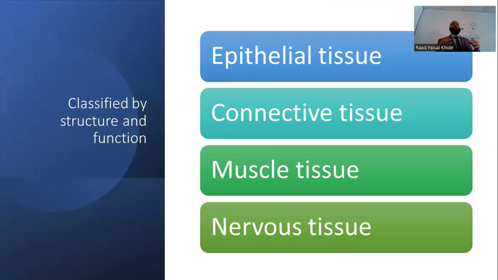You have cells that you have, for example, simple epithelium. Simple epithelium is made up of cells where every single cell is attached to the basement membrane. But you have other types of epithelial cells, and these are known as stratified. So these are not simple epithelium, these are stratified epithelium.